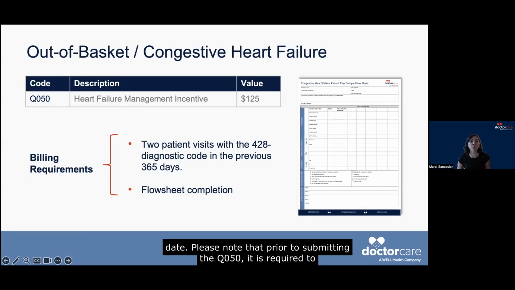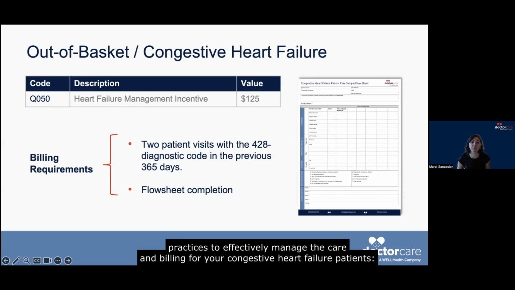Please note that prior to submitting the Q050, it is required to have at least 2 patient visits with the 428 diagnostic code in the last 365 days. Billing the Q050 also requires completing a flow sheet to be maintained in the patient's records.